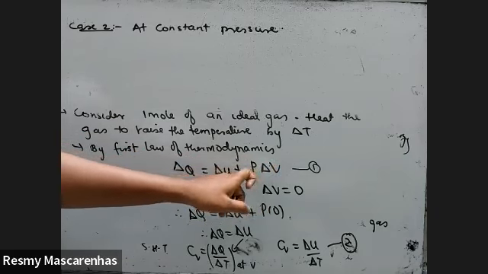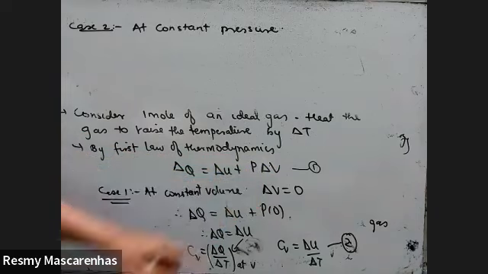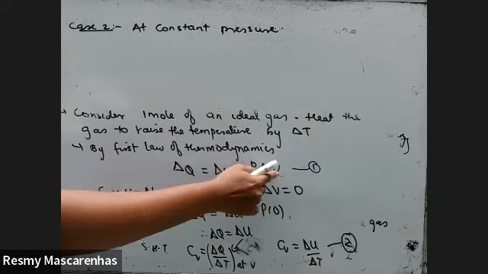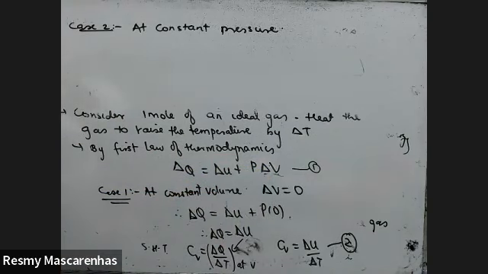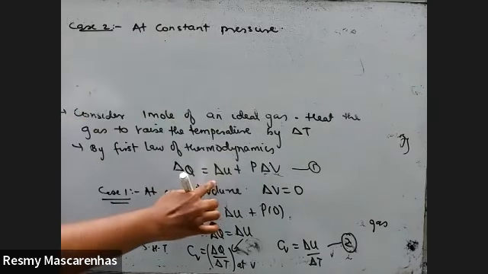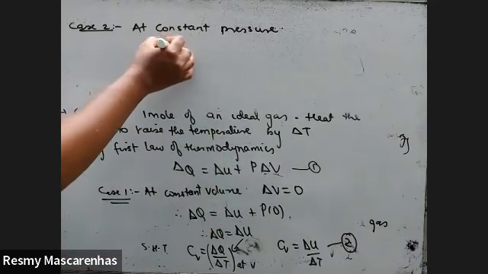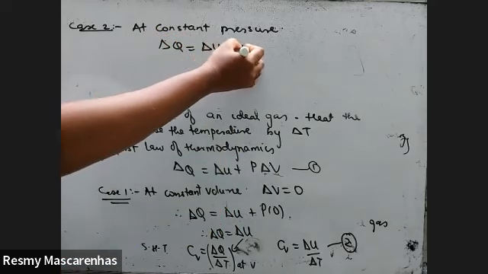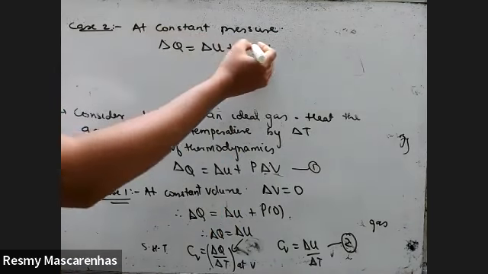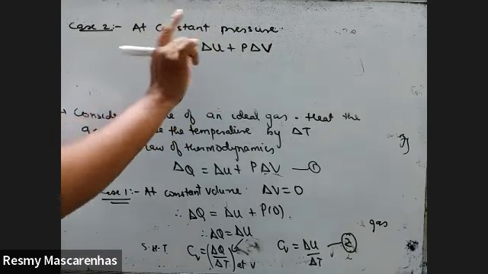But at constant pressure, it can't become 0, so they are not subtracting anything. Here volume we were subtracting, final minus initial. Delta V means change, so that's why the change was becoming 0. At constant pressure, the same formula will remain. This is constant and will not become 0, I'm repeating.